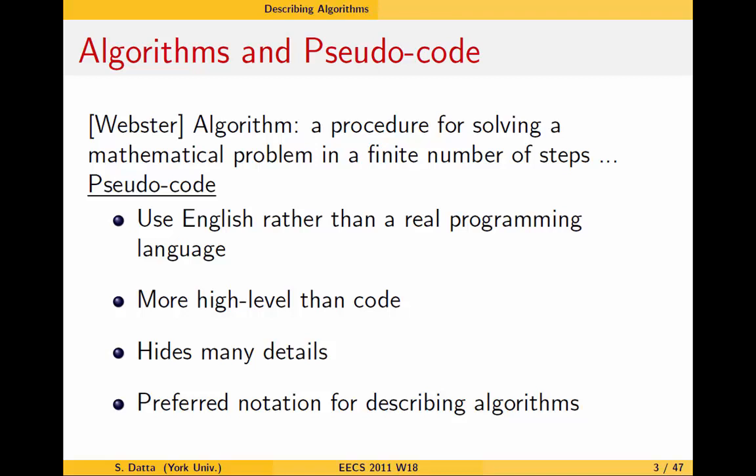Similarly, when I'm describing an algorithm to you, I certainly could open up Eclipse and write Java code here, and that would be fine. I would make mistakes and I would go back and fix them, and we could all do it that way. Or I could say things at a much higher level of abstraction.